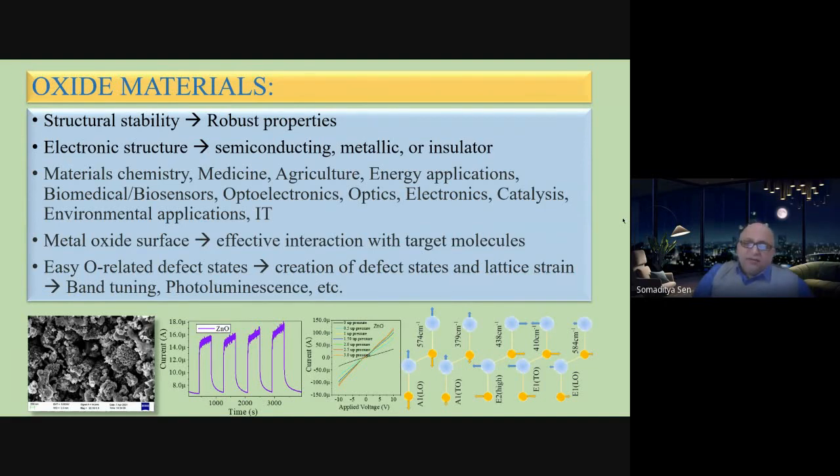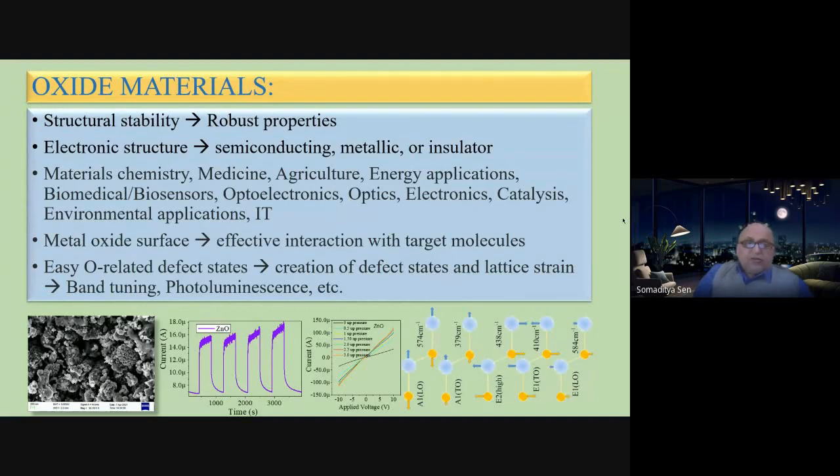Okay, now why is zinc oxide particularly interesting? All oxides are like that, but zinc oxide particularly has a huge possibility of creating lots of new functionalities, because it is very easy to create defect states which are correlated to the oxygen content. Okay, so oxygen can get into the lattice and get out of the lattice due to the processing of the material, and also due to the other elements that you can put into the structure.